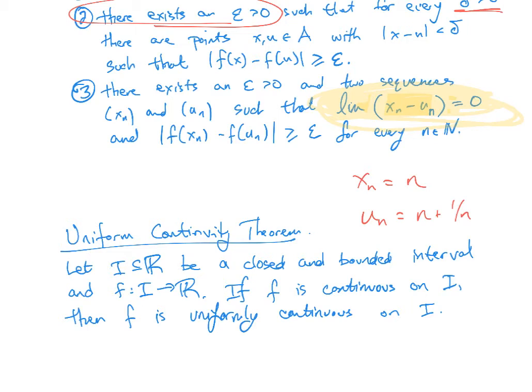Okay, so this theorem gives you infinitely many examples of uniform continuity, right? Take any nice function, take a closed and bounded interval. There you go. That's an example of uniform continuity.